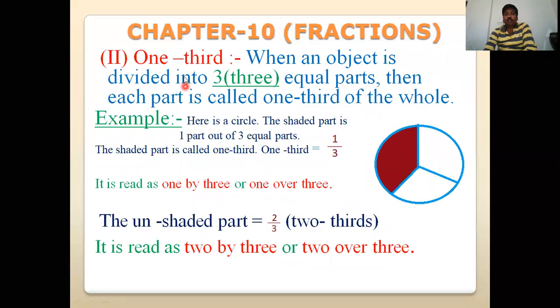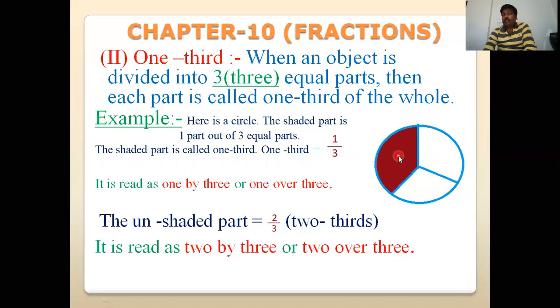Okay. Now what is one third? When an object is divided into three equal parts, then each part is called one third of the whole. This is a circle. Here we divide it into three equal parts, 1, 2 and 3.